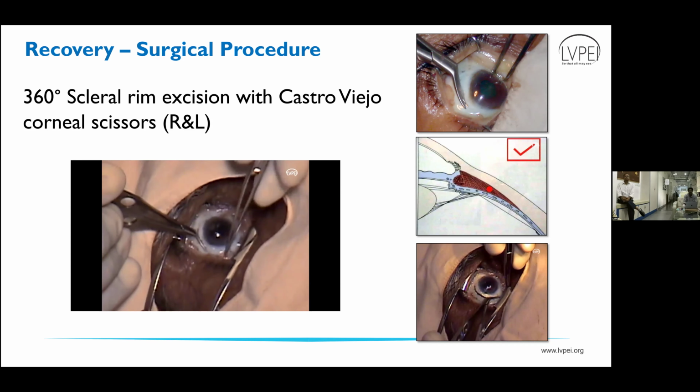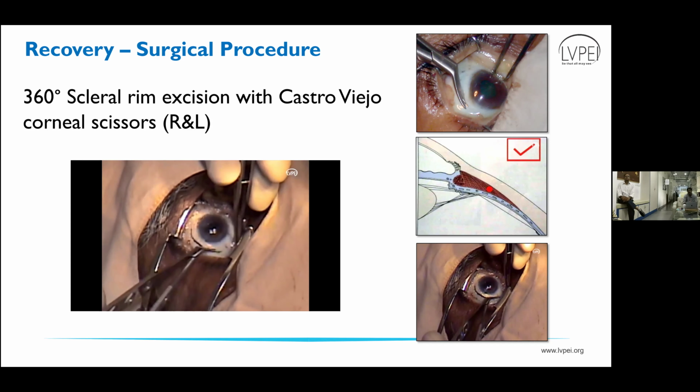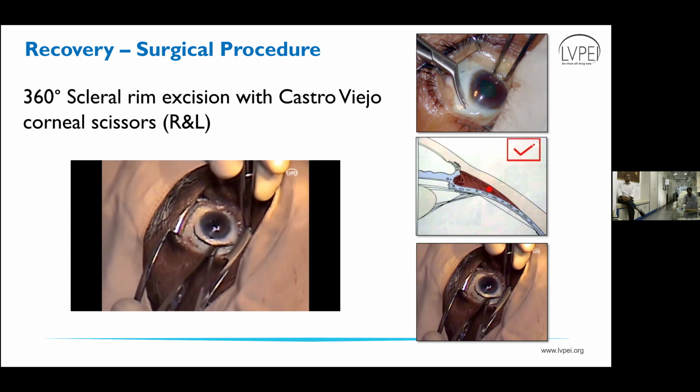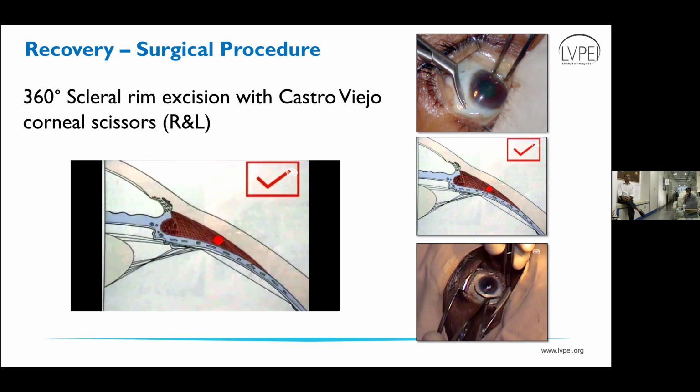You can watch in the video. See, this is how we have to hold the scissor and go parallel to the incision, parallel to the limbus, not directing the sharp edges towards the cornea.